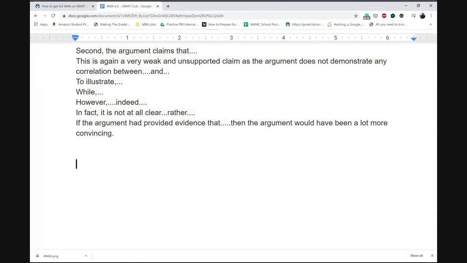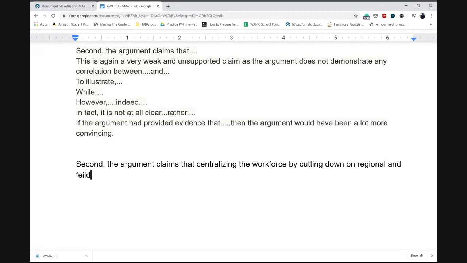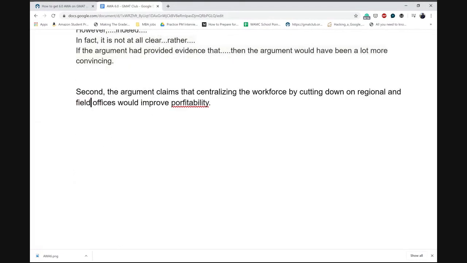So I'm going to start with second, the argument claims that centralizing the workforce by cutting down on regional and field offices would improve profitability. Right? So I'm going to make sure my spellings are all good.